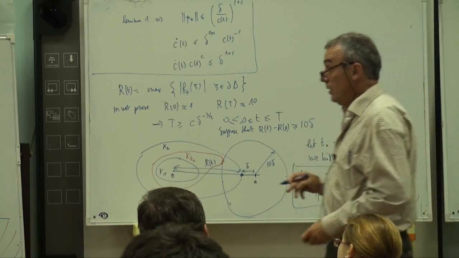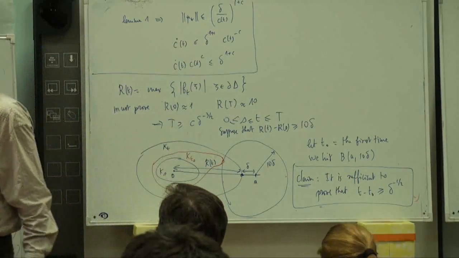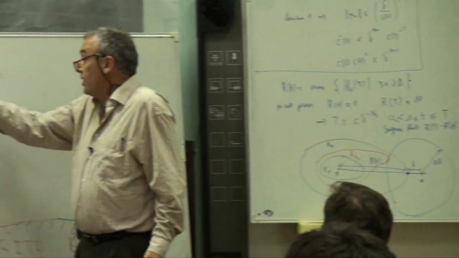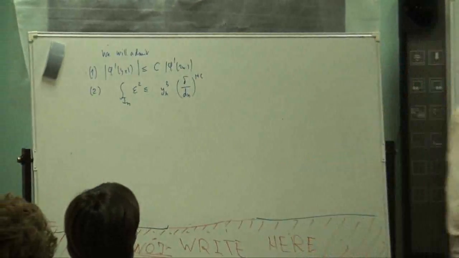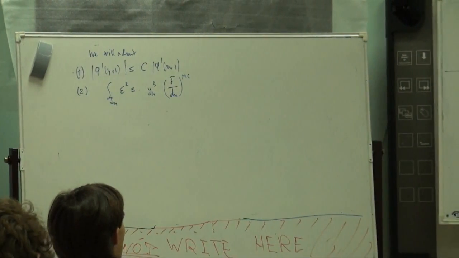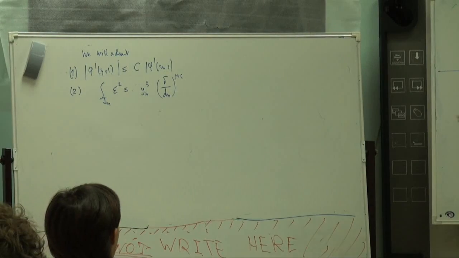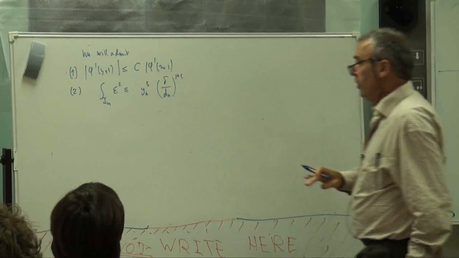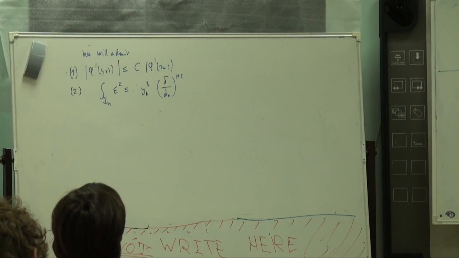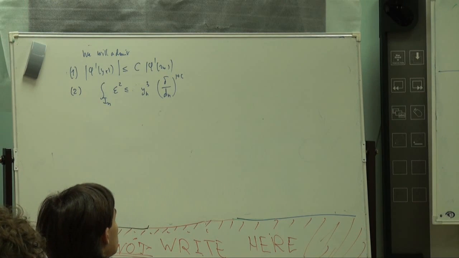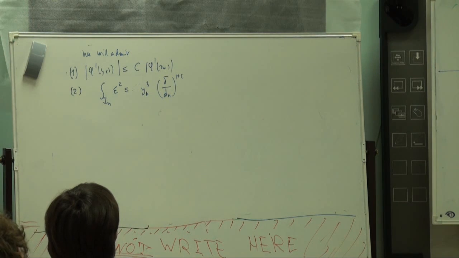And this control precisely says that. So it is not very hard to admit this, that phi prime of Rn should go rather fast to infinity, and this must be true.